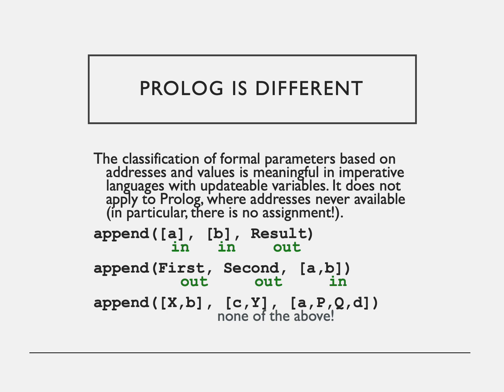A parameter can act as input, output, or both. So the typical classifications of parameter passing do not straightforwardly apply to Prolog. Instead, understanding the behavior of predicates in Prolog requires thinking about how terms unify during predicate resolution and how this unification affects the predicate's logic.